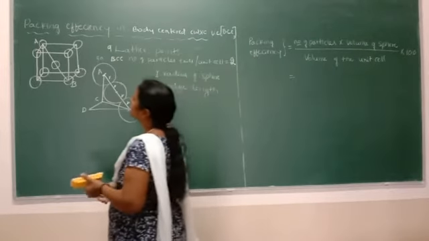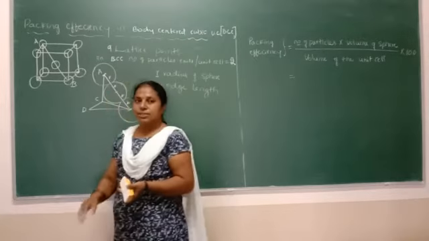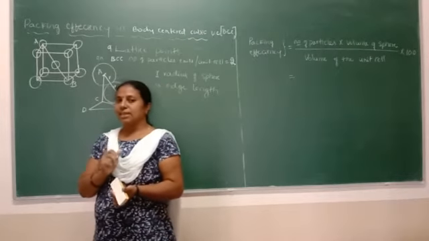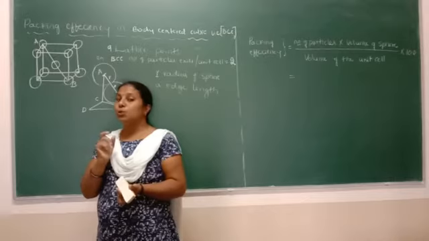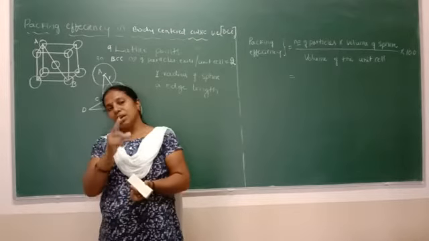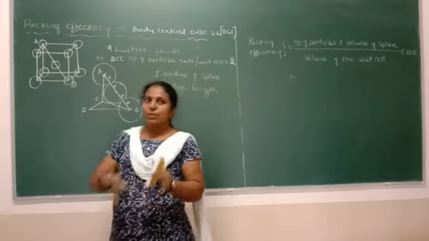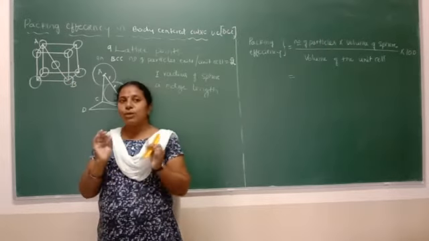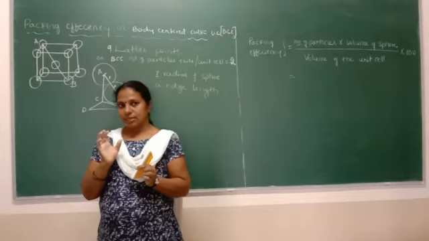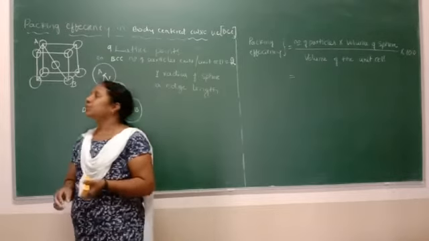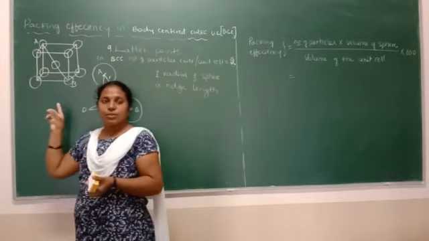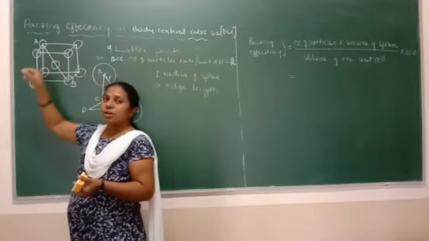For that purpose, we have to draw a line that should coincide with the corner particles along with the body centered particle. Just imagine your room is a cube. In that room, consider the opposite corners.